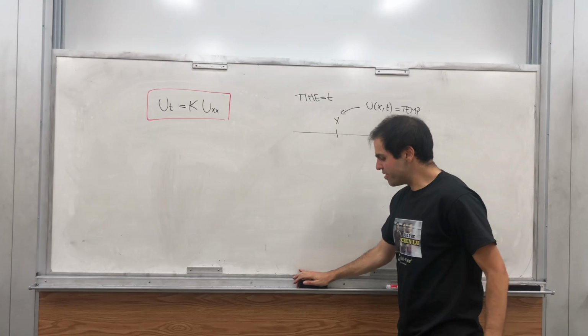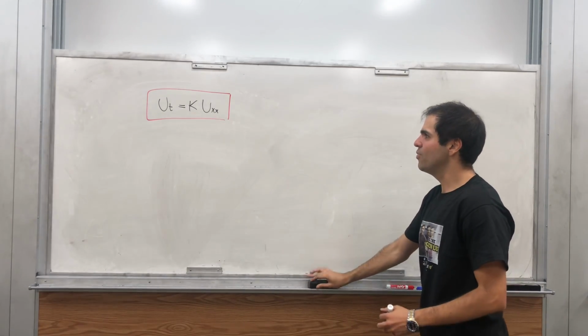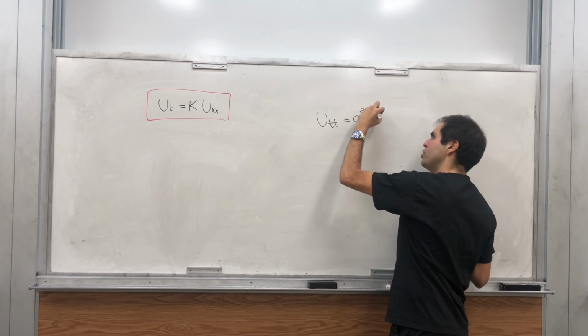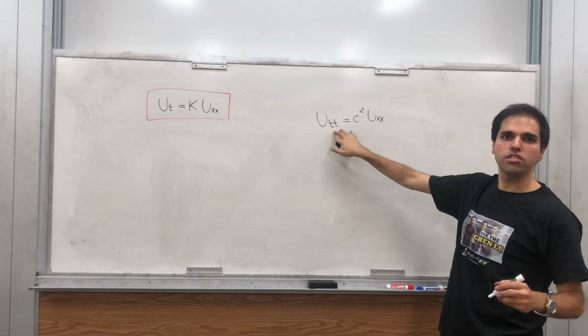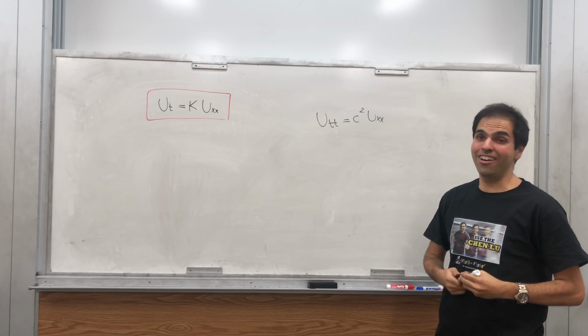And the interesting thing is, if you compare it to the wave equation, which is u_tt = c² u_xx, you might be like, oh, there's just a little difference in t. It shouldn't make a big difference, right? Wrong.